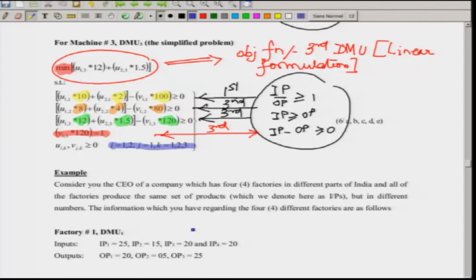So, they are given as follows. For factory 1, which is DMU 1, you have basically 4 inputs, 3 outputs. So, i will change from 1 to 4, j will change from 1 to 3, and obviously k will change from 1 to 4 because there are 4 DMUs.